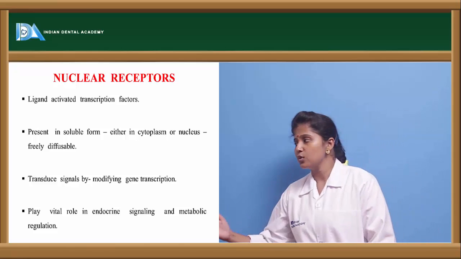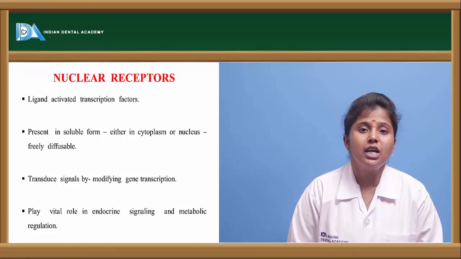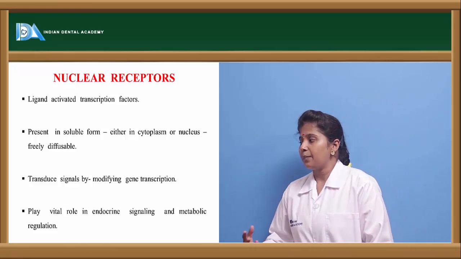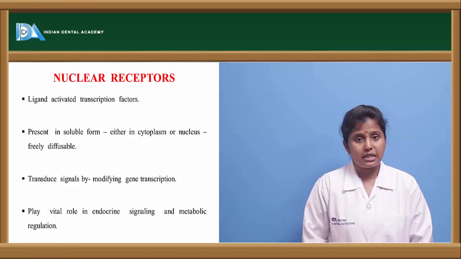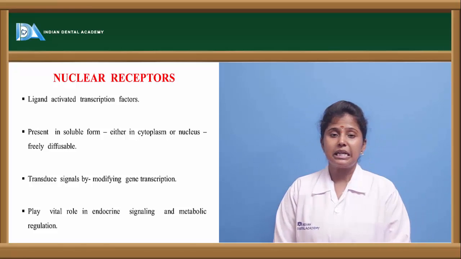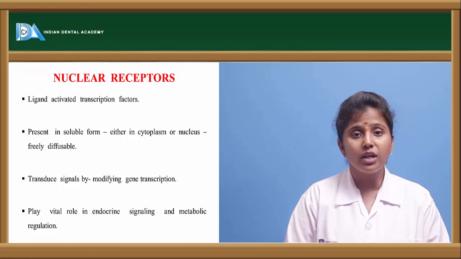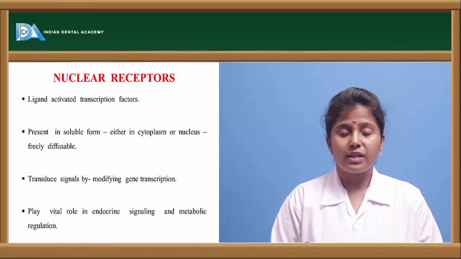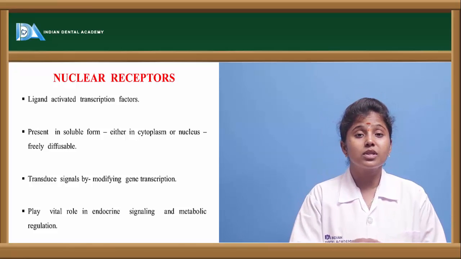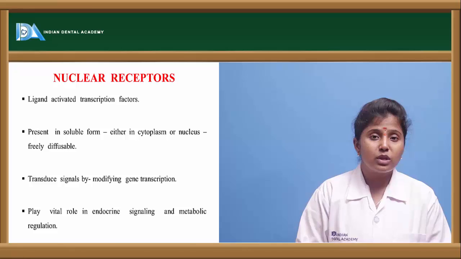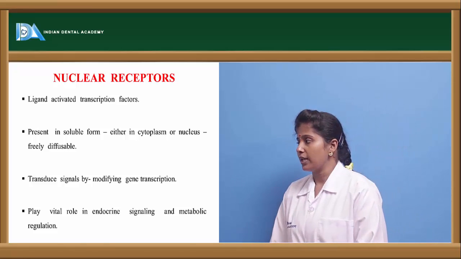They transduce the signals by modifying the gene transcription, and they play a vital role in endocrine signaling, because in endocrine signaling the hormone levels are to be maintained. So these hormones bind to these nuclear receptors only.